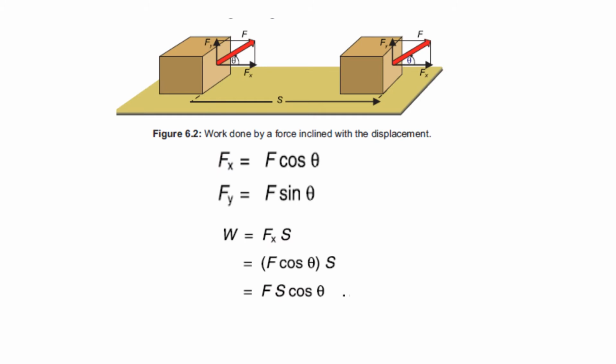Now it's not necessary that forces will always act in the direction in which the body covers the distance. Sometimes we apply the force in one direction, and the distance is covered in another direction.